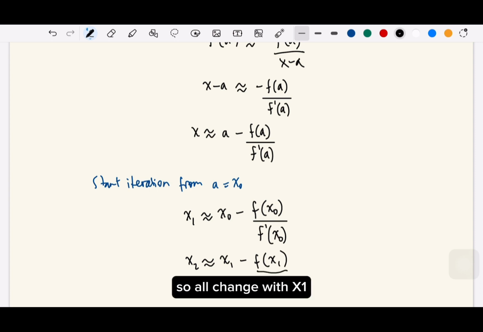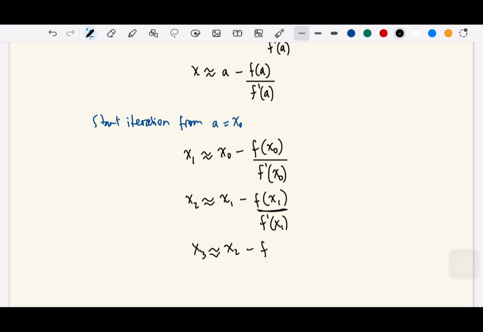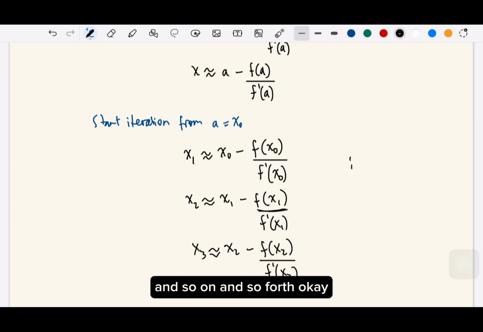Then we can have another x, x3, which comes from x2, and so on and so forth, okay?